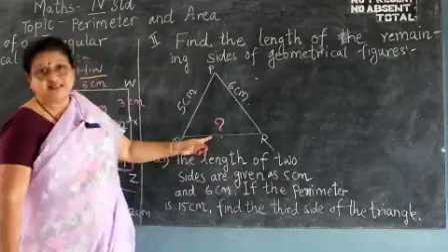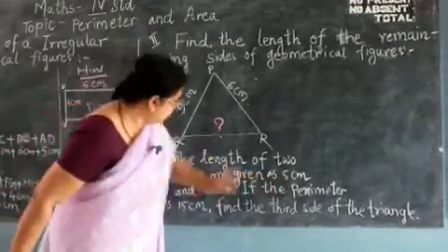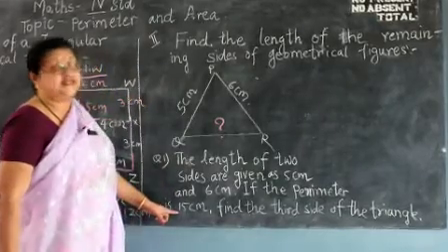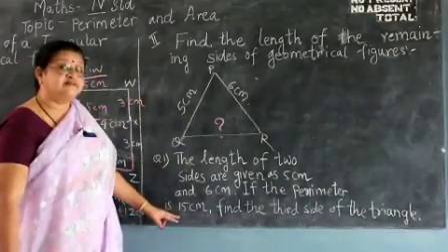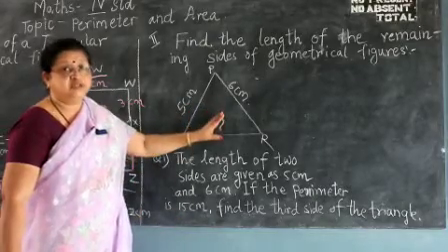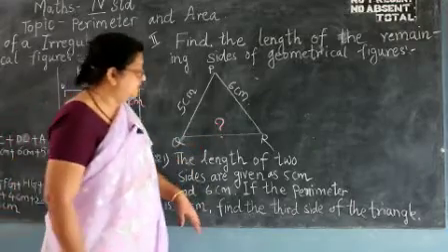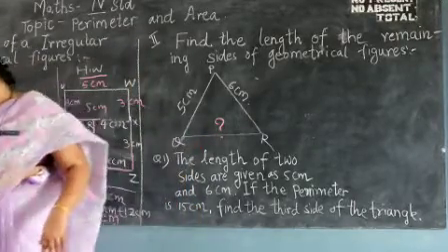You have to find the third side. See, if the perimeter is 15 centimeter, so in the question itself the perimeter is given to you and two sides are given to you in the question, how will you find the third side? Very simple. You have to see here, children, look towards the board.